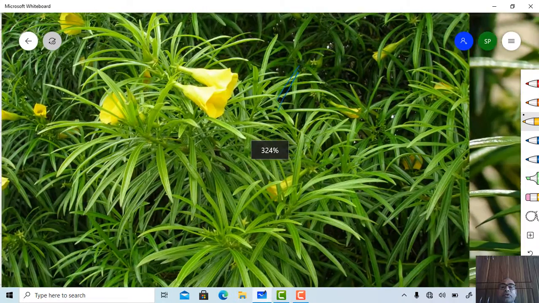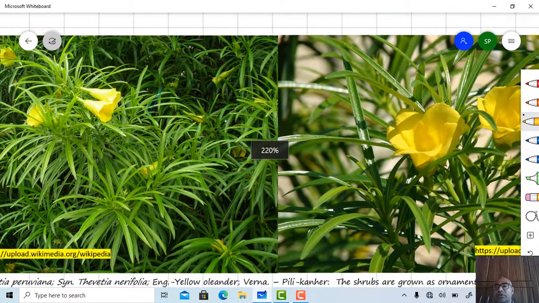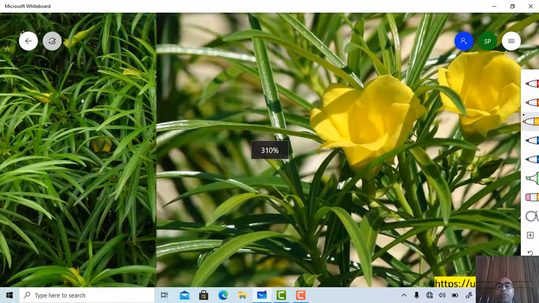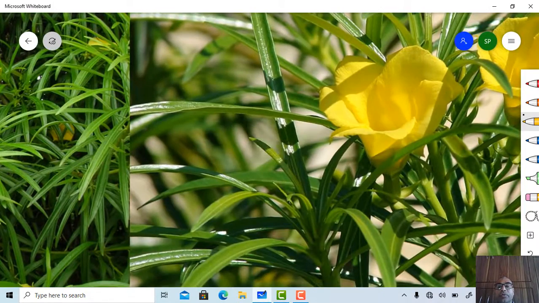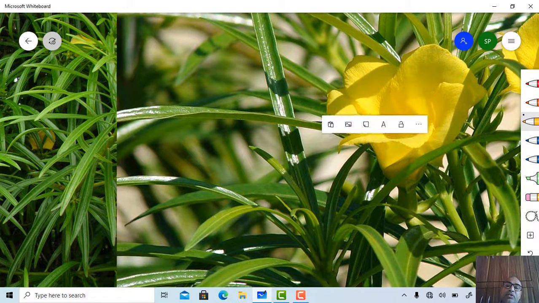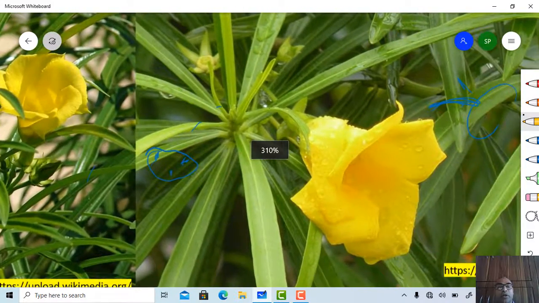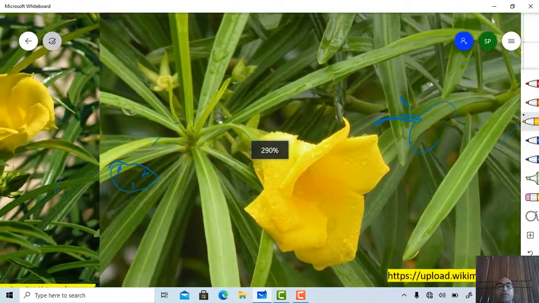So just observe the nature of the leaves and habit, type of flowers. Again, you may observe the somewhat thick, or not succulent, but somewhat leathery nature of the leaves, then flower. Okay, this one again shows an individual flower.